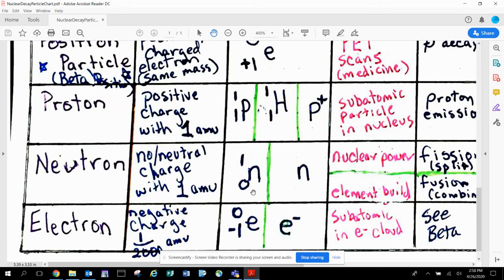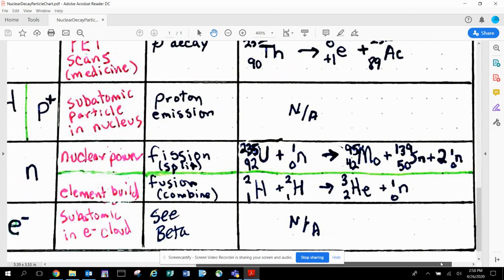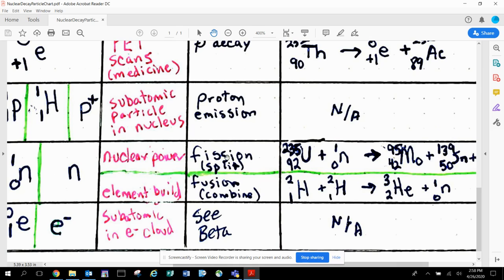Here are symbols for neutrons that you may find, and here are symbols for electrons that you may find, okay. Proton emission is not something we study at our level, so we're not going to worry about those kinds of equations. Electron emission is what we discussed in beta particles. But a neutron is what is used in fission and fusion.